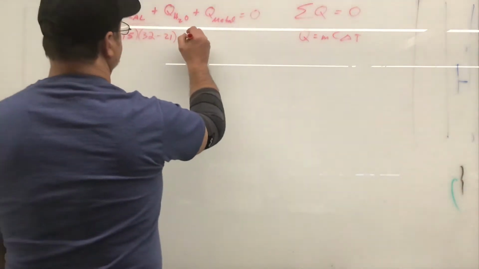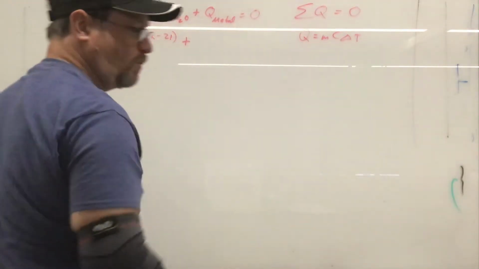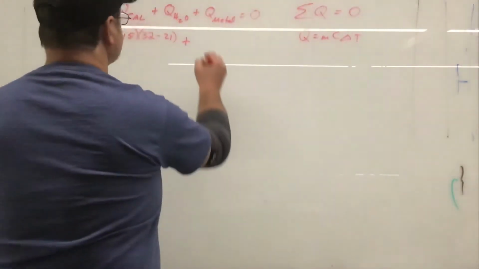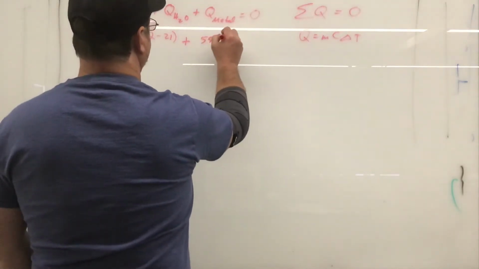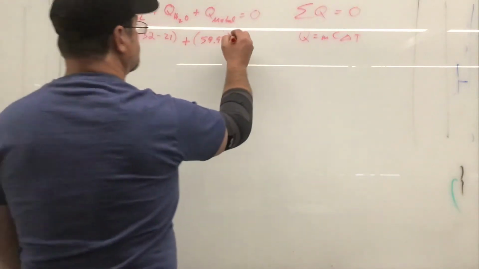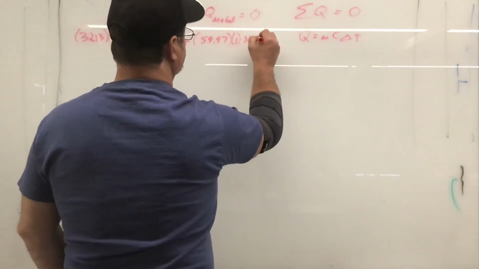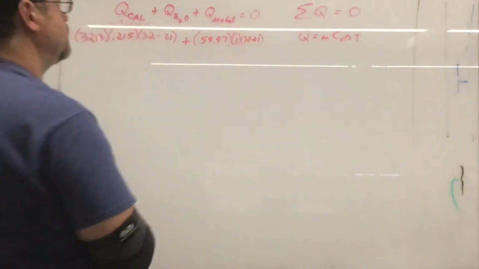For the water, I have the mass of the water. The mass of the water was 59.97 grams. The C of the water is just 1. And exactly the same temperature change for the water as I have for the calorimeter.